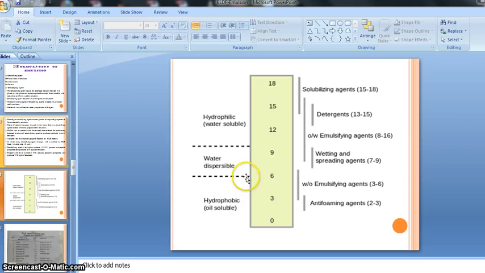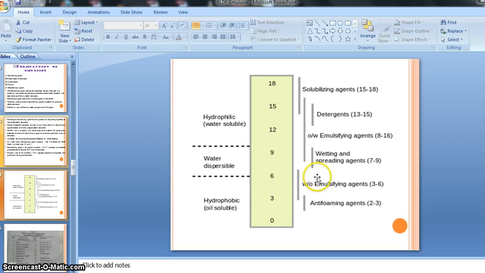And from 6 to 10, the substances show water dispersible property. The emulsifying agents falling in the range 6 to 10 possess water dispersible properties.